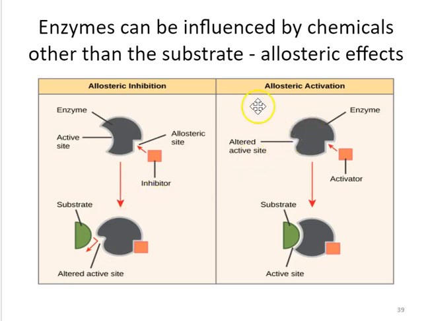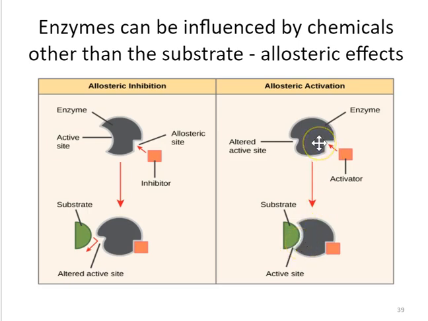It's also very common to see allosteric activation, where the protein enzyme has an allosteric site and some other chemical acts not as an inhibitor, but as an activator. And when the activator binds, it makes the active site of the protein enzyme open and be receptive to substrate.